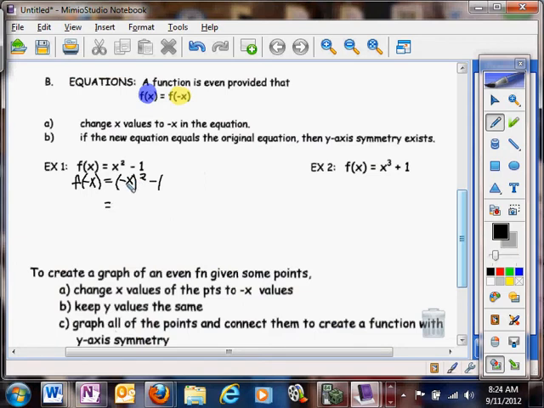Well, negative x squared is just x squared, because when I take a negative number and square it, it's just that number positive. So negative x squared is positive x squared. Then minus 1, and what I have at the end matches the original, therefore I have y-axis symmetry, and it is an even function.